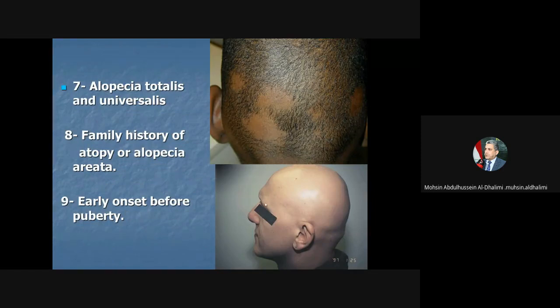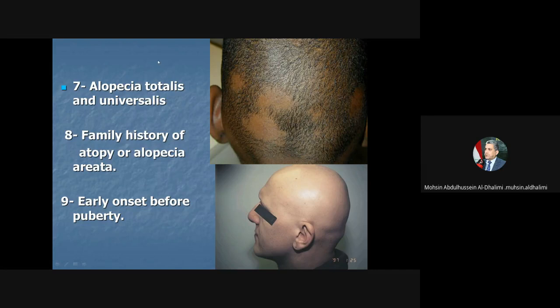Some patients may get complete loss of the scalp hair, and this is called alopecia totalis. Or like this patient, get complete loss of the whole body hair, even the eyebrows, eyelashes, mustache, beard, and this is called alopecia universalis.